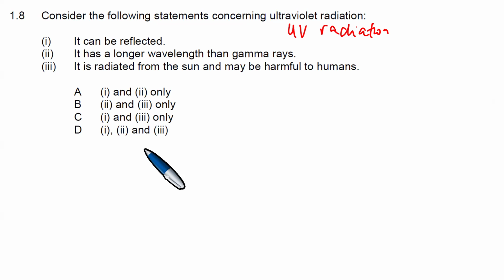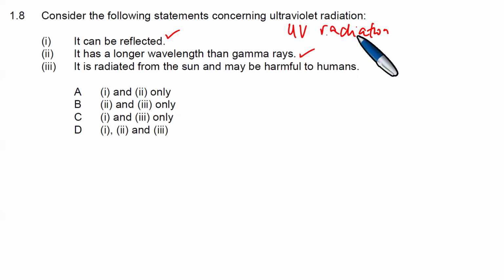So what do you think between these? Okay, that is fine. We're dealing with 1.8 now, but we know very well that UV radiation can be reflected. That is true. It has a longer wavelength than gamma rays. Yes. It is radiated from the sun.